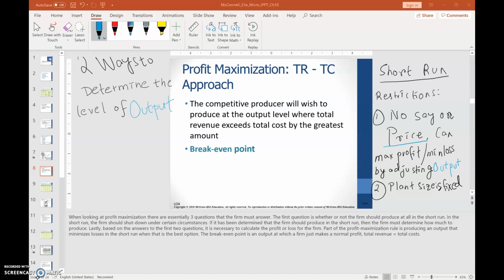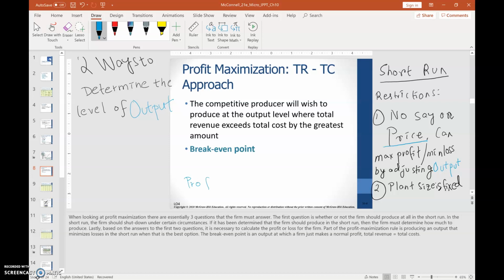Now we look at two ways to determine the level of output. Number one, we have the total revenue, total cost approach. The competitive producer will wish to maximize profit by looking at the maximum difference between total revenue and total cost.